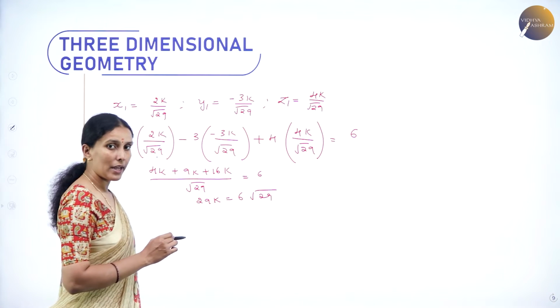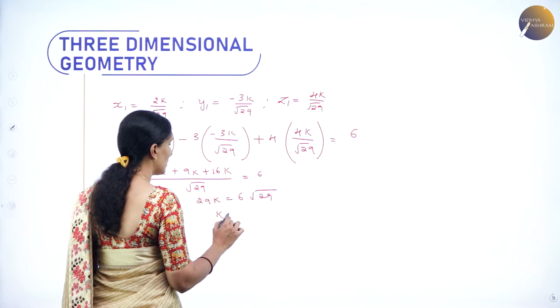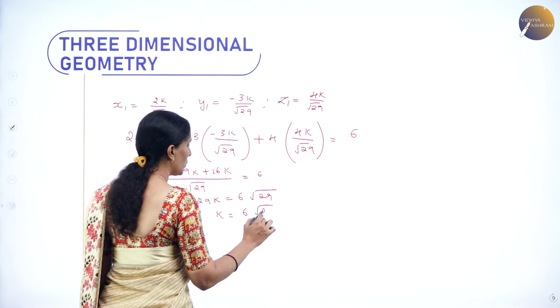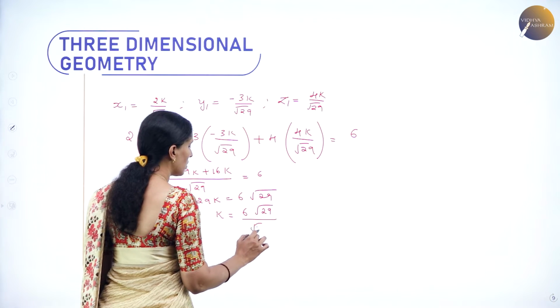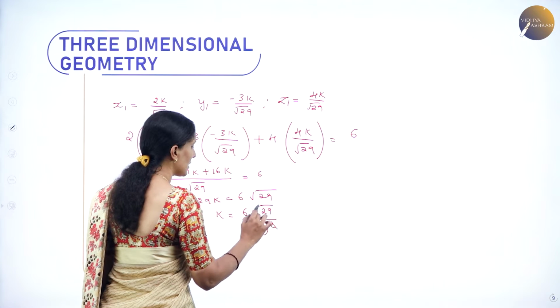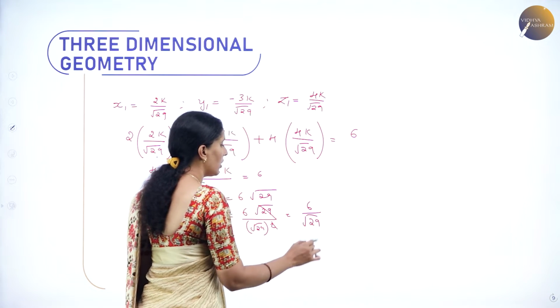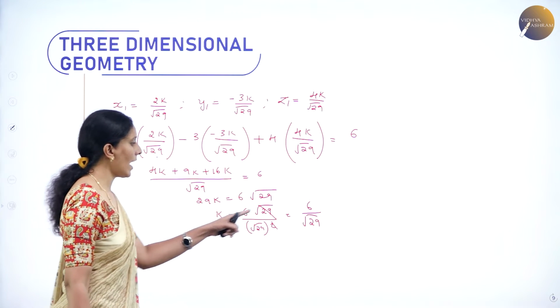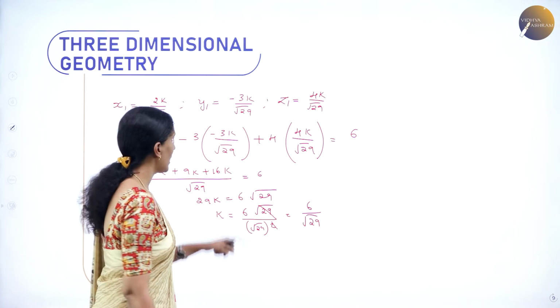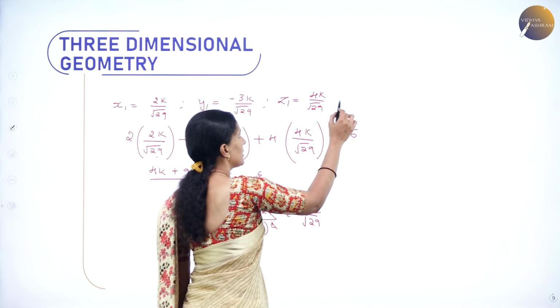We know that 29 can be written as root 29 into root 29, that is root 29 whole square. We can cancel it, so we get the value of k as 6 over root 29. Let me take this as equation 2.